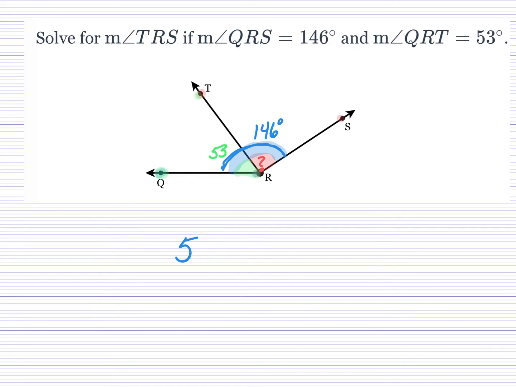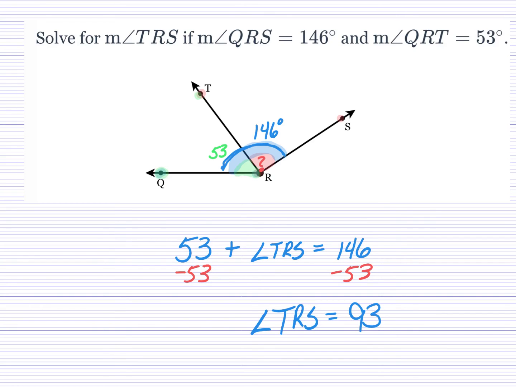So 53 plus angle TRS should equal 146 degrees. Once we have this set up, all we need to do is subtract our 53 from both sides. And we learn that angle TRS is equal to 93 degrees. Always go back and look. There are no variables to solve here, but make sure that you actually solve for what you were supposed to. There it is, so I solved for the correct thing.